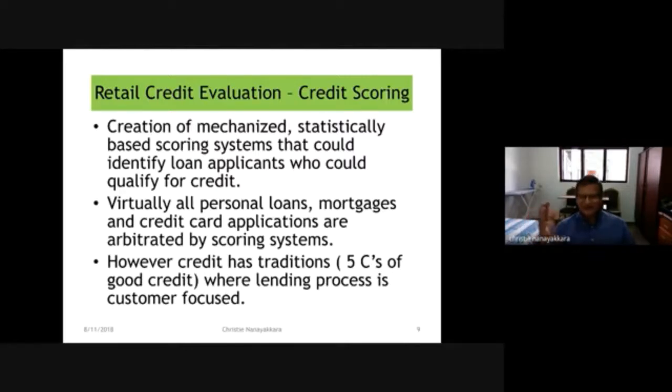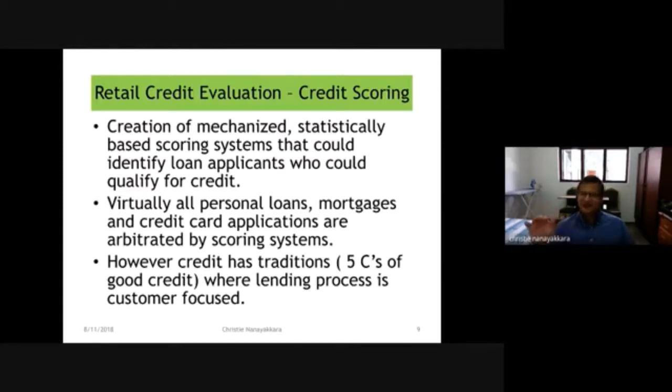So this credit scoring requests the customers for certain information on a loan document itself, and based on the answers you give marks. And when you total up these marks, say you have 20 questions, each has 5 marks, and the total comes to 65.